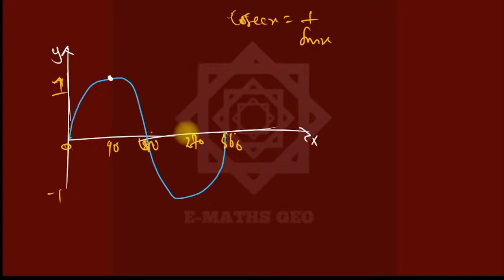If we now draw the vertical asymptotes here and here, okay, this is already nice. Since we are talking about reciprocals, we flip this the other way around.